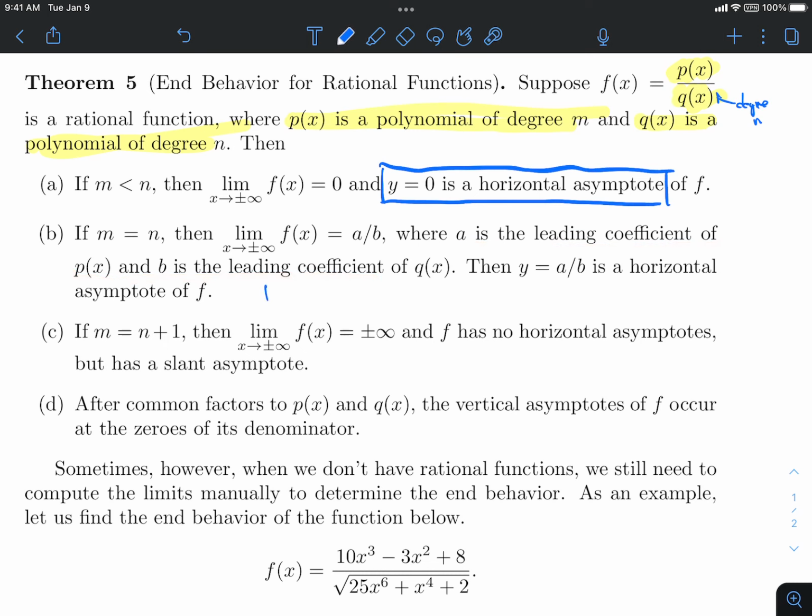As an example, if you have the limit of 6x squared plus 4 over 3x squared plus 1, then this equals 6 over 3, the two leading coefficients, which is 2, and then y equals 2 is our horizontal asymptote.